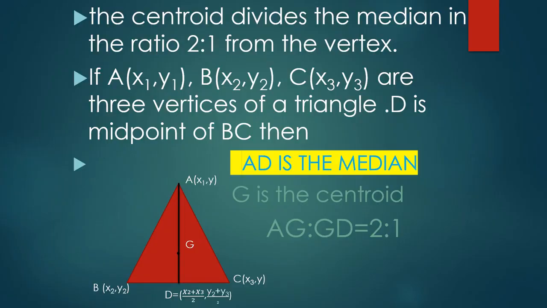The centroid divides the median in the ratio 2:1 from the vertex.